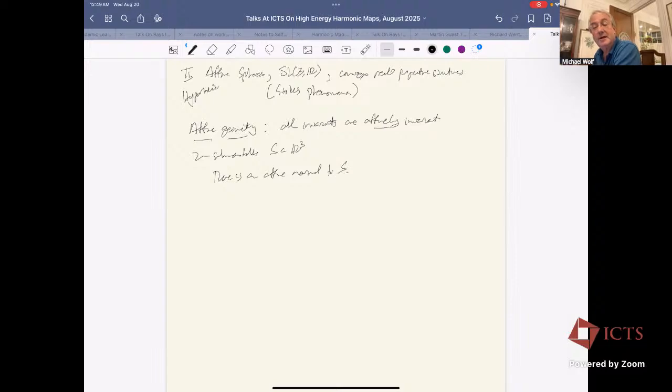There's a number of ways of constructing this. Probably the most geometric way is, well, the tangent space makes sense, and so do parallel planes to this tangent space. I'm going to try to construct an affine normal at this point P, some vector which is transverse to this tangent plane at the point P. Okay, so here's sort of my picture.